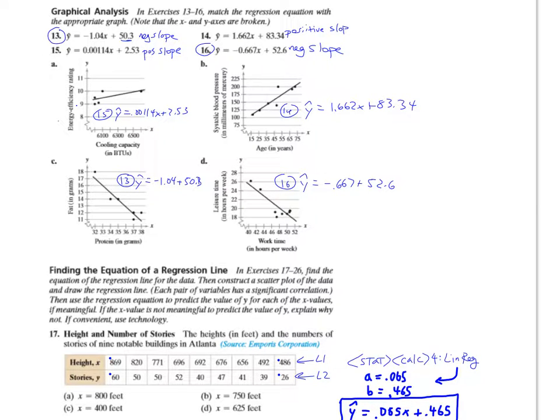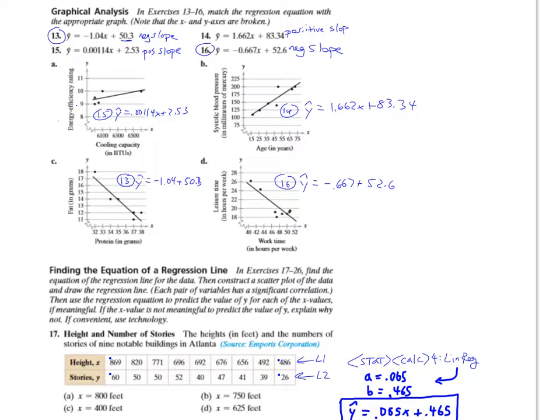The way we did the so-called process of elimination was we noticed that 2 of the equations, 13 and 16, had negative slopes. 13's negative slope was -1, 16's negative slope was -0.6. This would be a steeper negative line than this, so that allowed us to deduce that this one was 13 and this one was 16, this one being a little bit steeper negative slope.